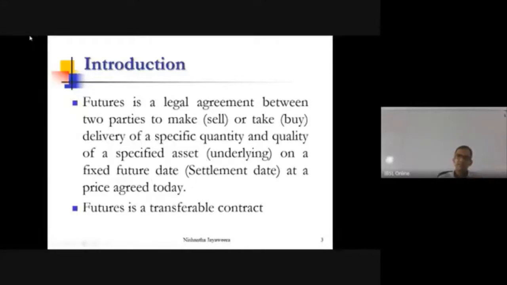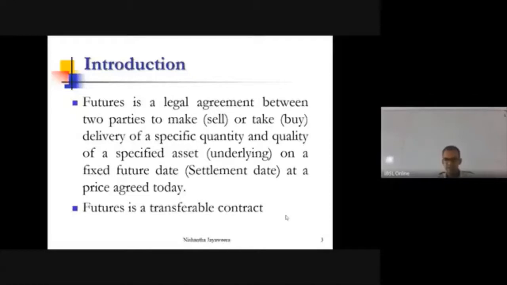But another difference is futures is a transferable contract. That means once you buy something, you can sell it to someone else, like a bond.